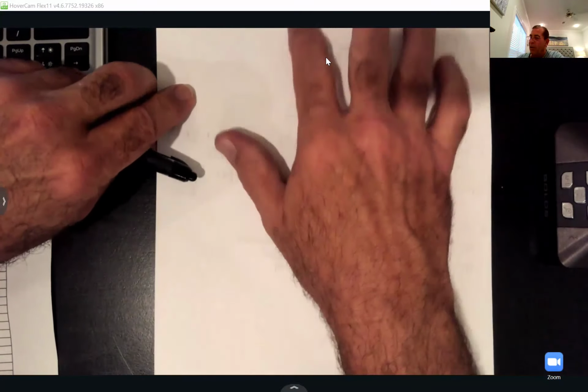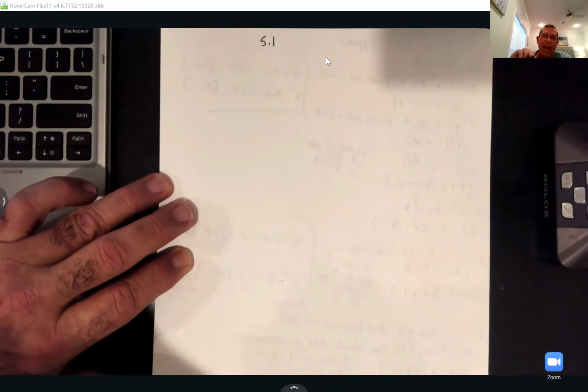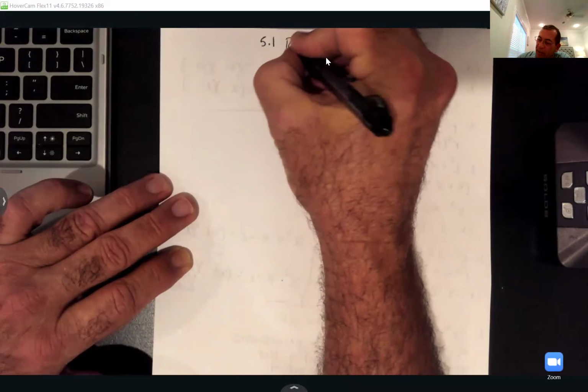And let's get into 5.1. Now this 5.1 college algebra don't have a lot of problems. I think there's like 5 or 6. So 5.1, rational expressions.